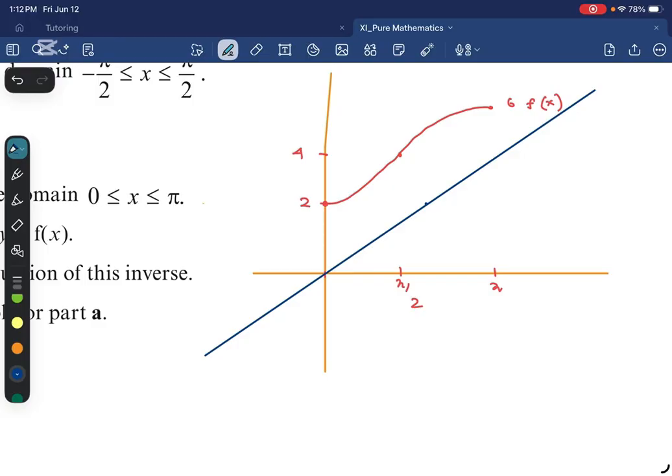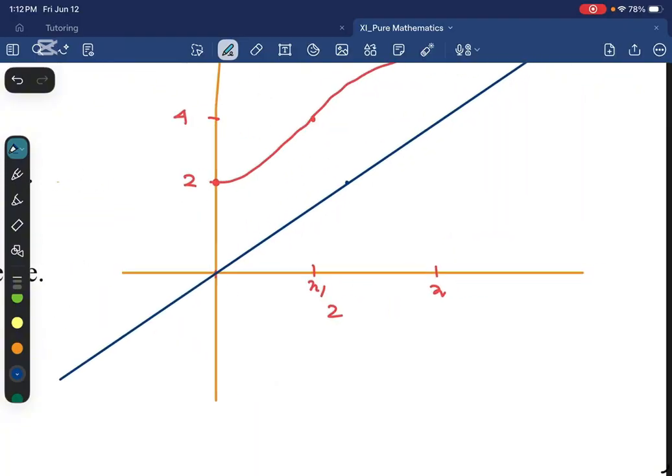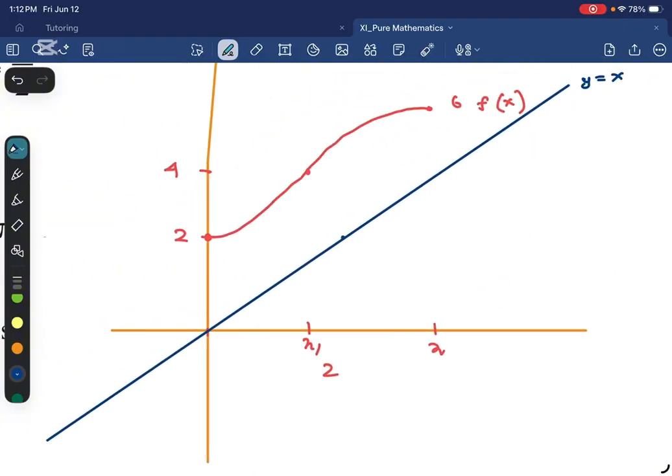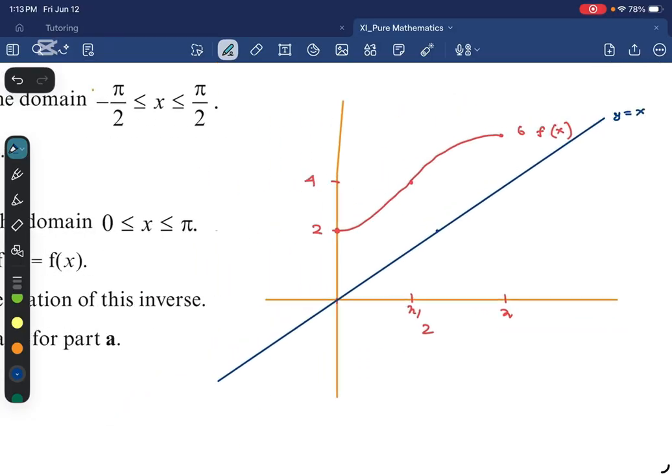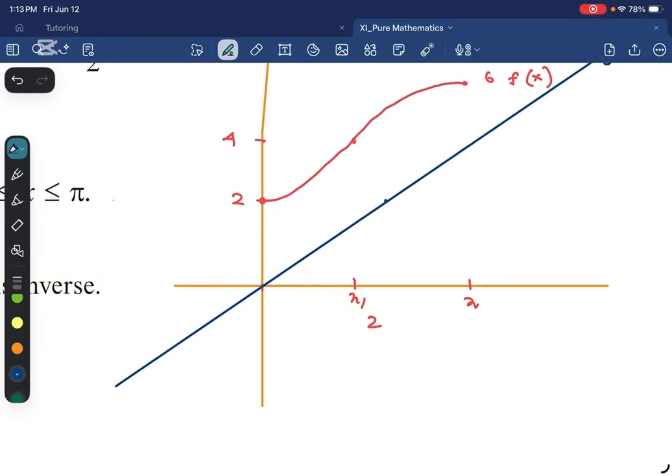That is a very bad line, but y is equal to x is going to look something like this. If you reflect your pink curve over this line, then your graph looks something like this.